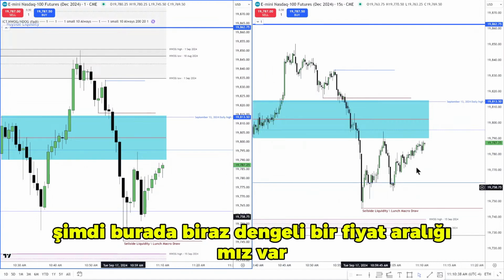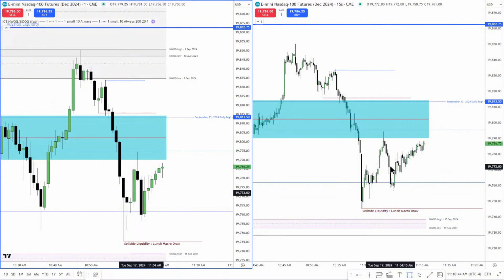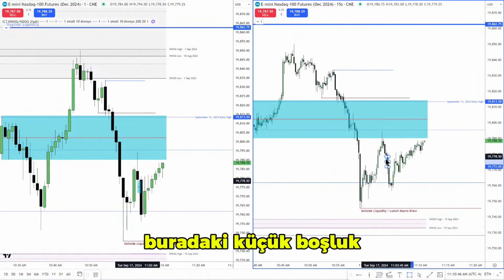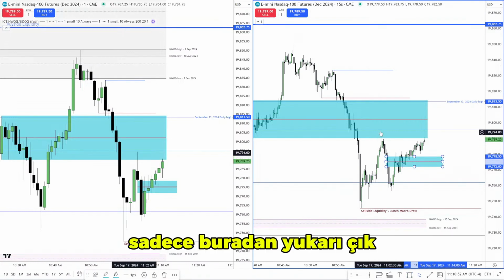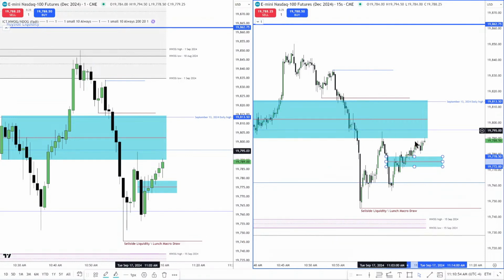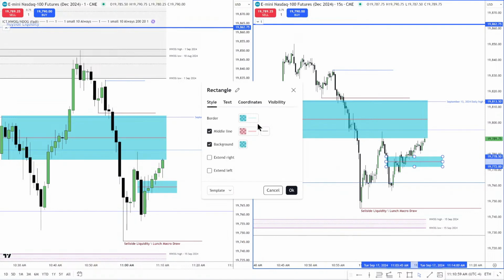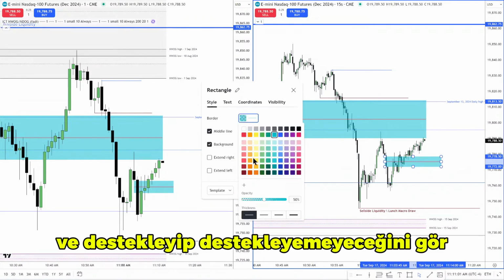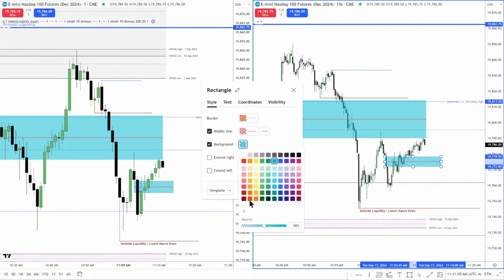All right, so now we have somewhat of a balanced price range in here. I mean, it's on the 15-second chart. I don't want to make too much of that, but this little gap here, we're seeing these little tiny candlesticks reaching up. I would like to see it just go above this high here and then come back down into this inefficiency and see if it can support it with inversion characteristics.